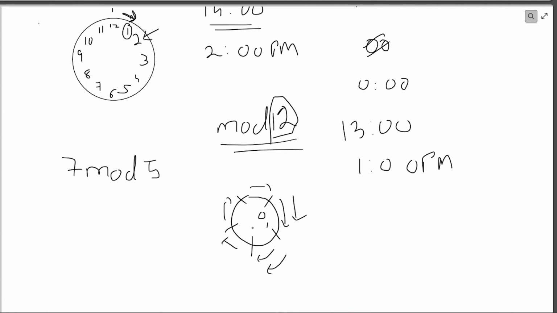So we have 0, 1, 2, 3, and 4. So this can be either 5 or this can be 0. So if we move ahead 7 times starting at 0, where would we land? So even though we moved 7 steps, we will land at 2. We will land at 2. 7 mod 5 is equal to 2.